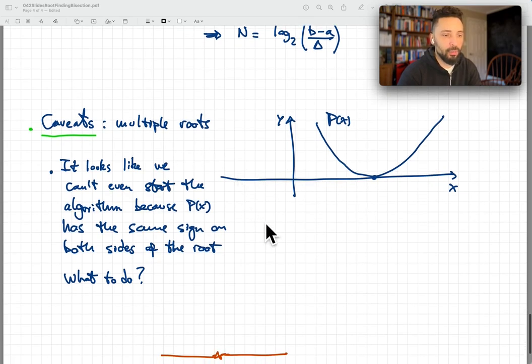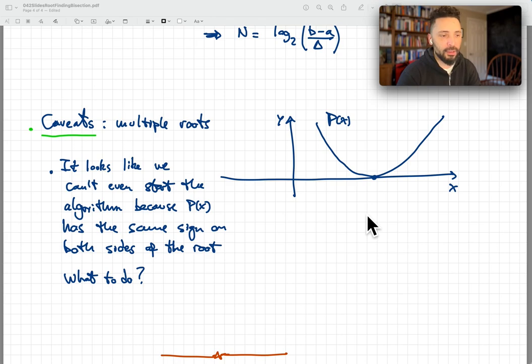What do we do? Well, there are different algorithms, different things you can do. One thing you can think of on the spot right away is to say, well, if my function happens to be not just continuous, but also differentiable, or pretty smooth, like you see here, then you could imagine doing a tangent line over here.